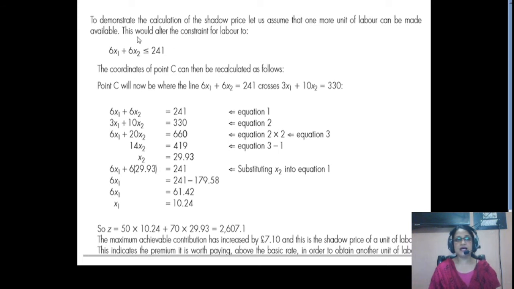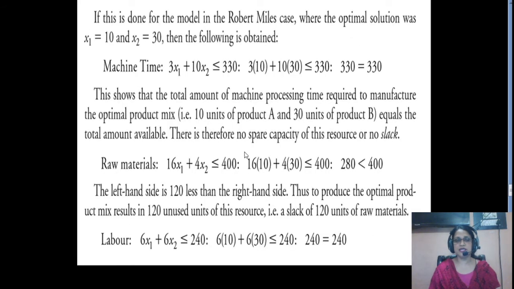So we have seen how the shadow price is calculated. 6x1 plus 6x2, we have bought 1 unit, the coordinates of point C, as I have told you earlier also. What we are purchasing actually is 1 unit of this labor hour, right?